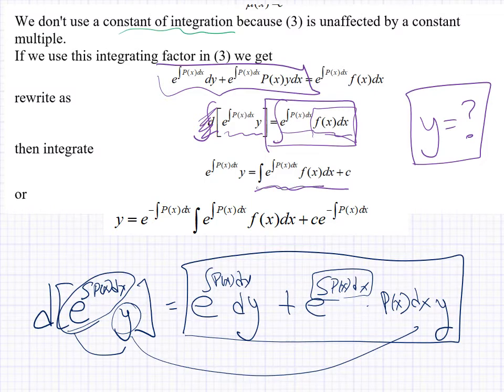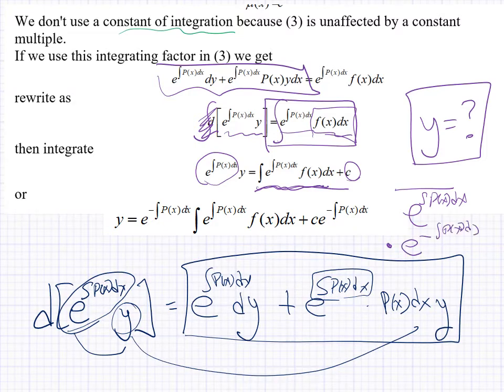Whatever that ends up giving you would be some function plus c. Then what we would have to do is divide this over to the other side, and we could figure out what y equals. Well, if you divide by e to the integral of p of x dx, that's the same thing as multiplying by e to the negative integral of p of x dx.